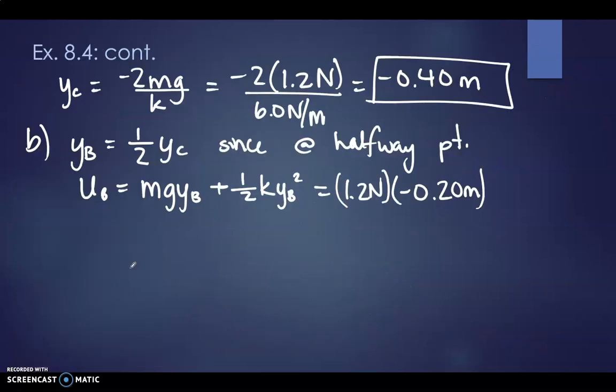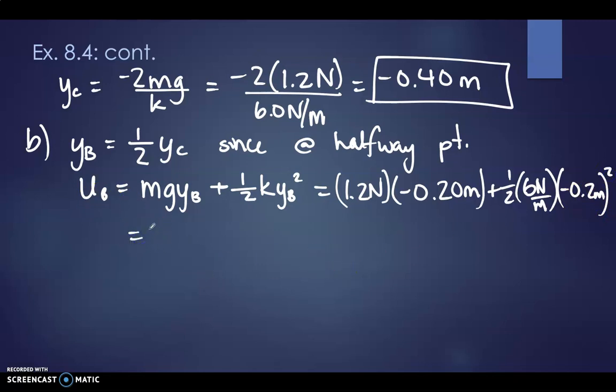We had mg times y sub b plus 1/2 times K, which is 6 Newton per meter, times our halfway point, which is going to be negative 0.2 meters, and that is squared.